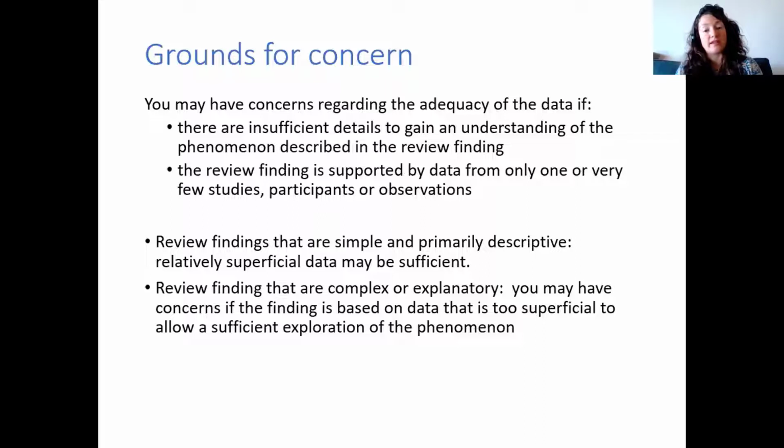Okay, that superficial data is sufficient for supporting that kind of review finding, and you may not have expressed concerns around adequacy. If you have review findings that are complex or explanatory, you may have concerns if the finding is based on data that is too superficial to allow a sufficient exploration of the phenomenon.